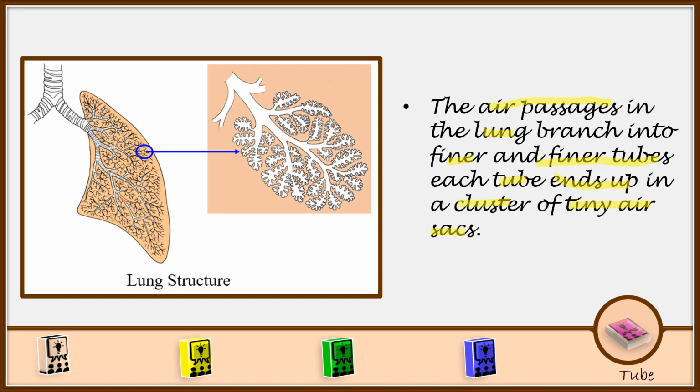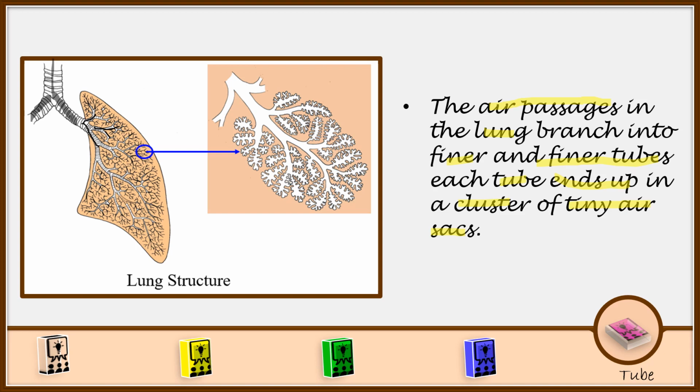So we have seen that the big branch, the trachea, divides to form smaller branches, the bronchi, which divide into smaller ones, and those continue to divide into smaller ones.